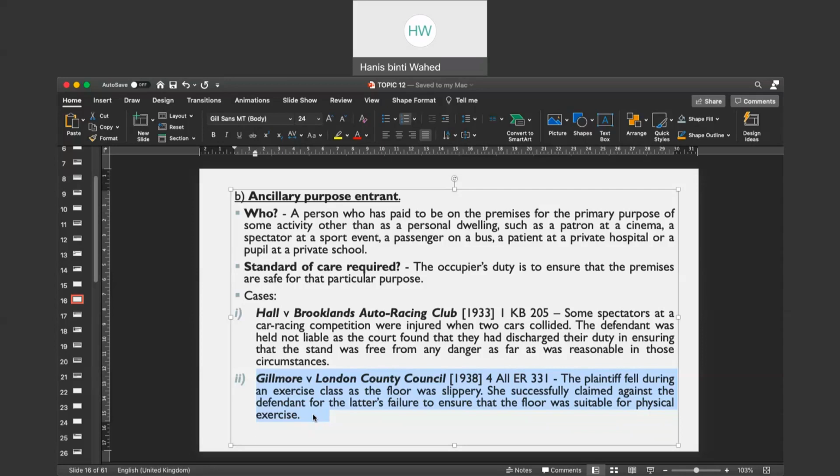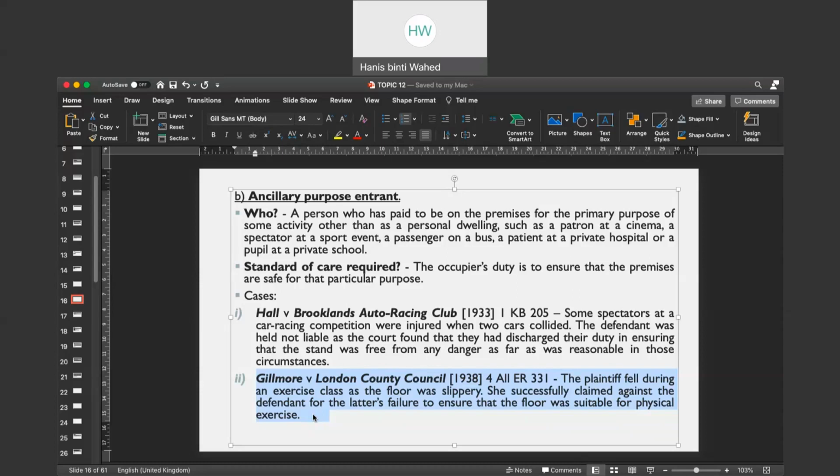Jadi floor ni kita mestilah pastikan tak licin. Tapi dalam kes ini the defendant fail untuk act according to the standard of care required. Why? Because the defendant failed to ensure that the floor was suitable untuk physical exercise. Yeah. So the court allowed the plaintiff claims against the defendant dalam kes ini.